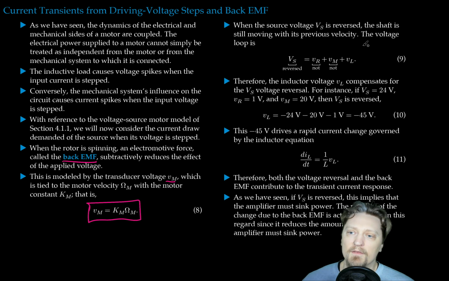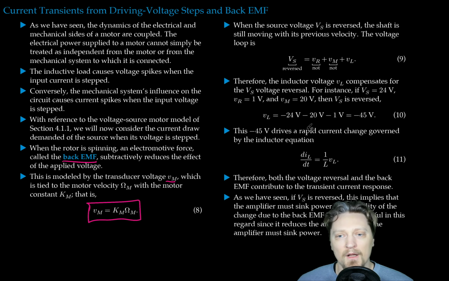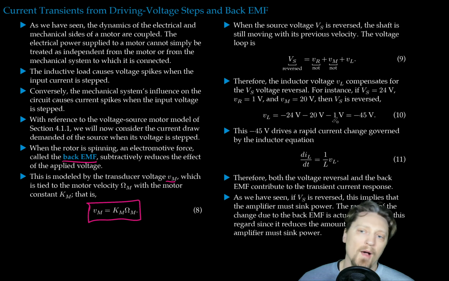For instance, if Vs equals 24 volts, Vr equals 1 volt, and Vm equals 20 volts, then Vs is reversed, and this situation obtains. We have VL equals negative 24 volts for Vs, minus 20 from the back EMF, minus 1, which is the resistance voltage drop, to give us negative 45 volts.